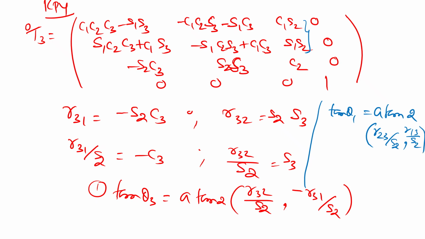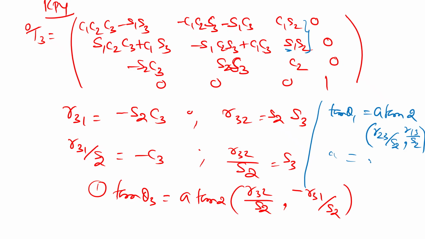This is your theta 1. If you divide R23 by S2 you get S1, and if you divide R13 by S2 you get C1. Sine by cos is tan. So in the desired formula, pick these terms, take the ratio and take the tan inverse, and you will get theta 1. So theta 1 is done now.